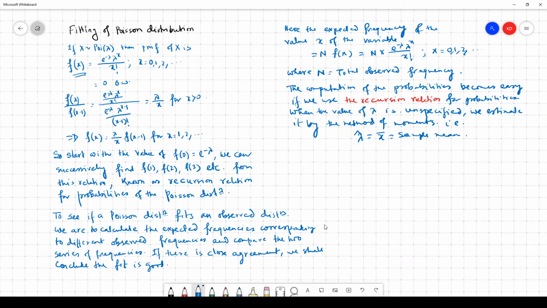So now I consider an example to illustrate this. Suppose x takes values 0, 1, 2, 3, 4, 5, 6 and more.